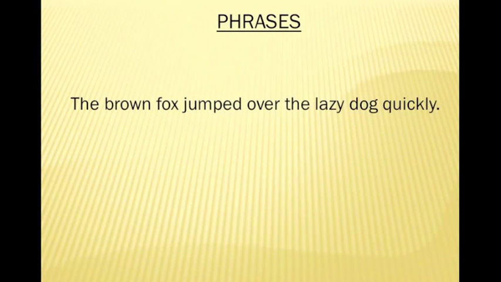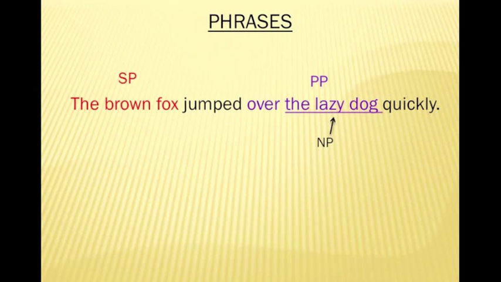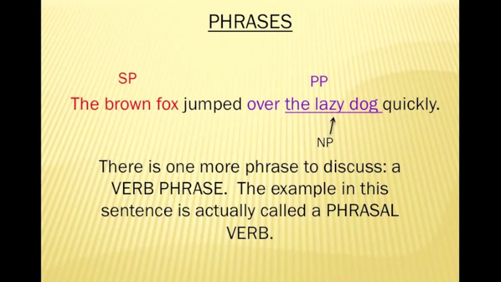Now, again, we're going back to our original example, and we're going to go ahead and identify the phrases we've already talked about. So we've got that subject phrase, the brown fox, the prepositional phrase, over the lazy dog, and we notice that inside of the prepositional phrase, we also have that noun phrase, or object phrase now that we know that we're going to call it. But there actually is one more phrase that we have not talked about, and that is a verb phrase. Now you might say, well, wait a minute, I don't see a verb phrase here.